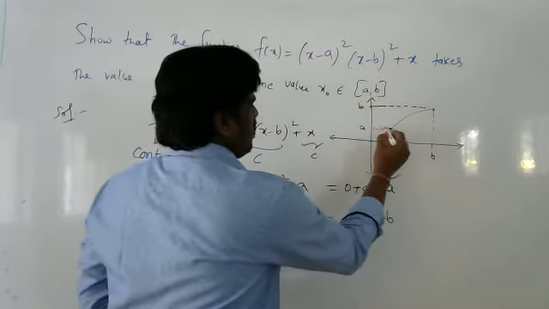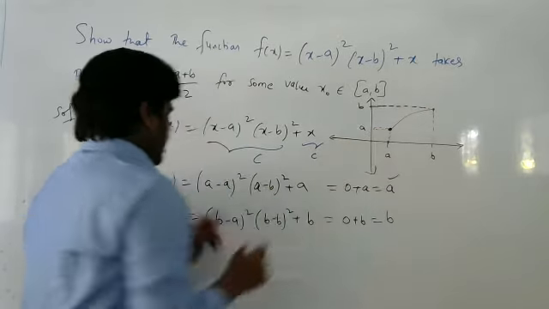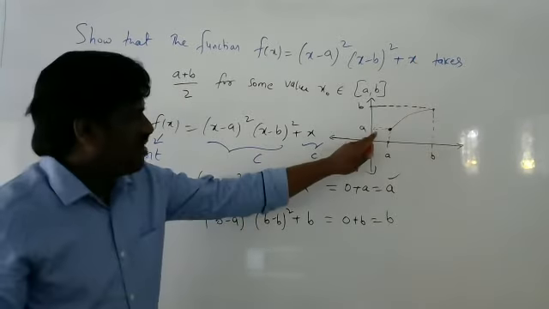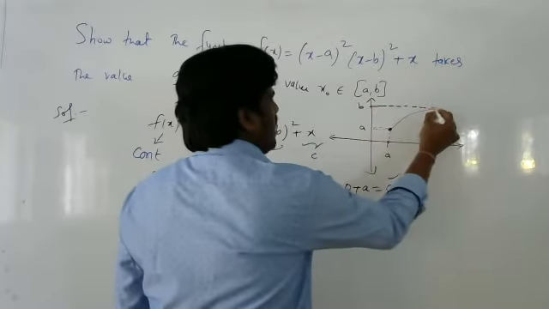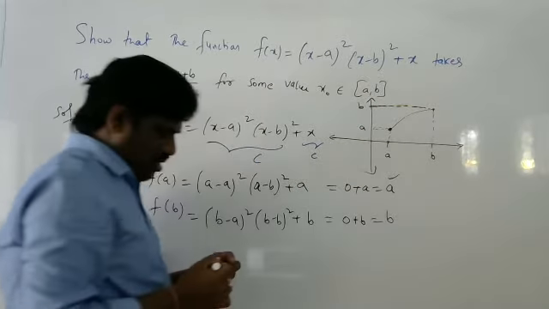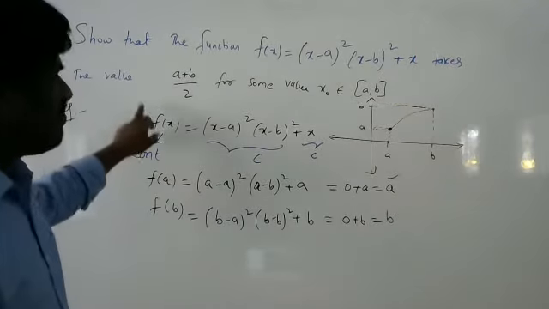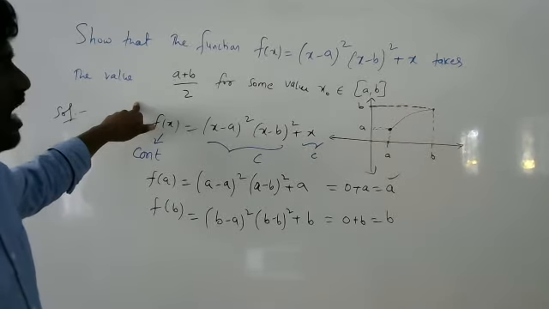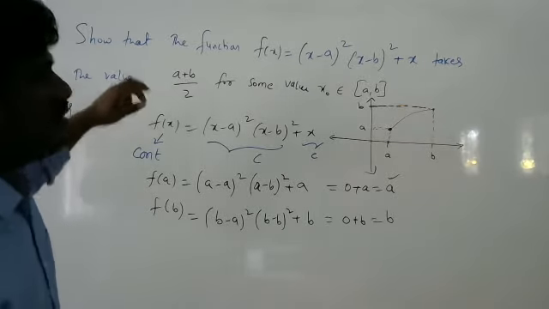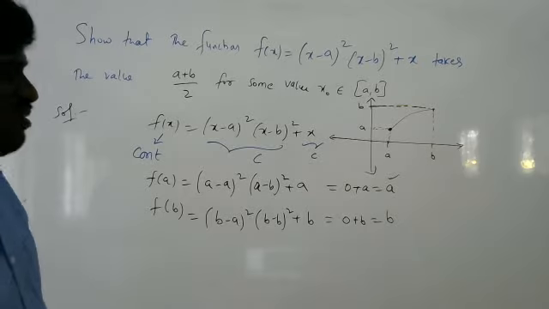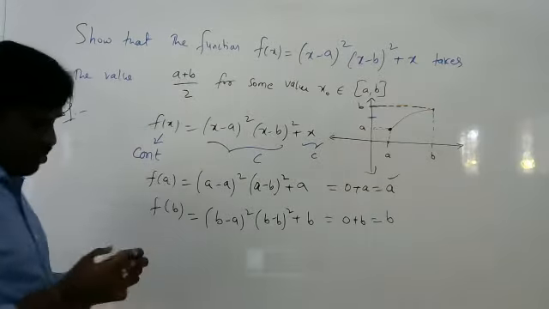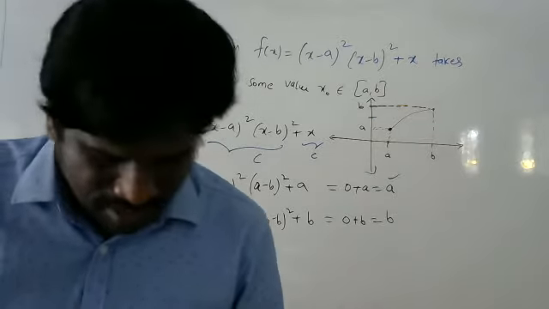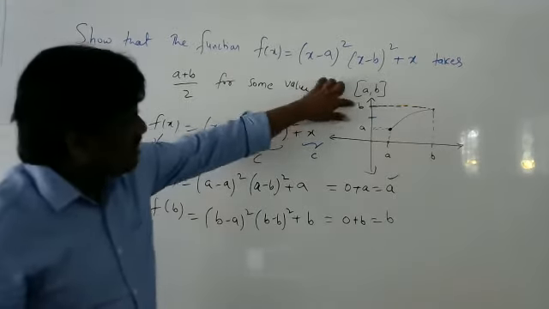So here f of a is a, on the y-axis, and f of b is b. Now you know that f of x is a continuous function, so according to the mean value theorem, if I want a plus b by 2, can you tell me whether a plus b by 2 lies in between a and b?